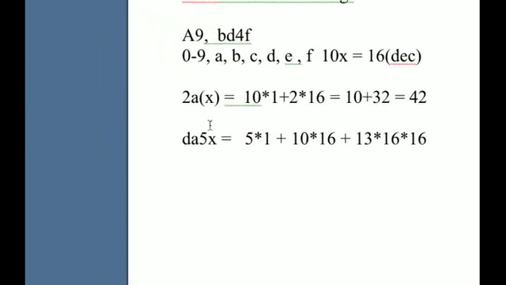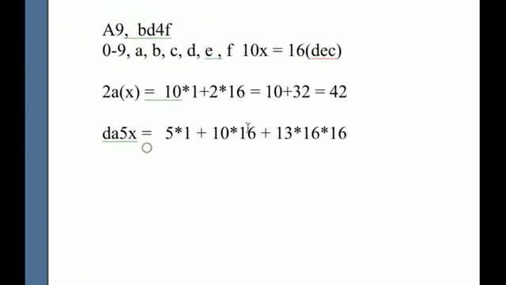Remember, we used to write above the number the value of the digits, and we said this is multiplying by 1, the 5, and then the A multiplies by 16, and the D multiplies by 256, which is 16 times 16.